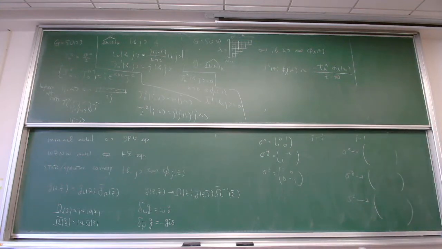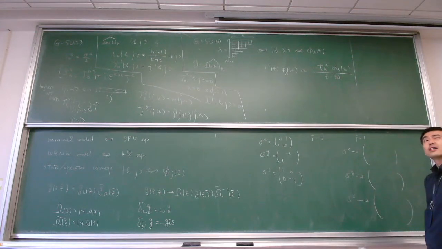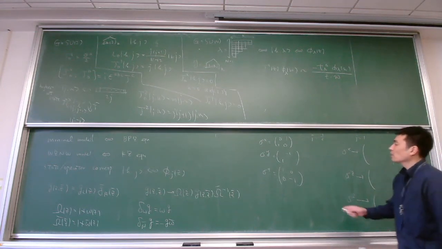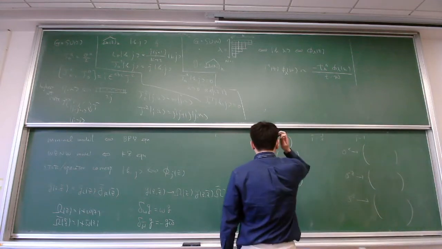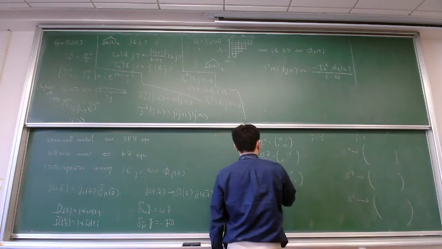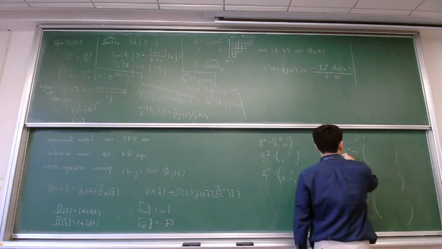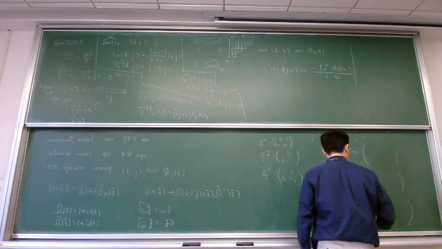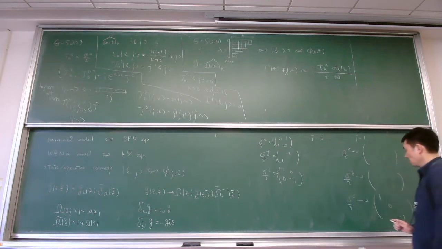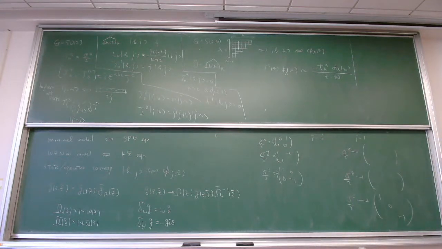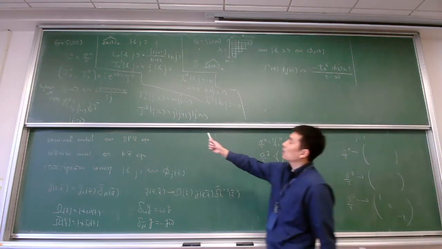In particular, the diagonal entries are 1, 0, minus 1. So sigma z is always diagonal because of this property.